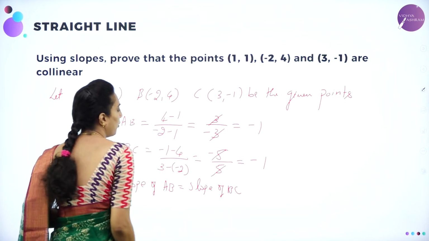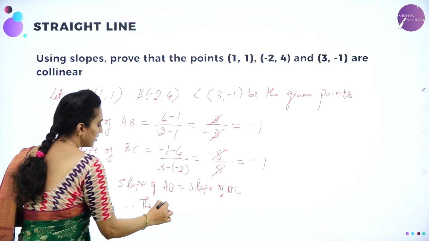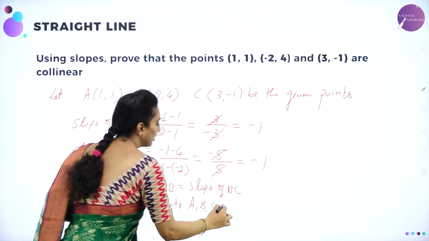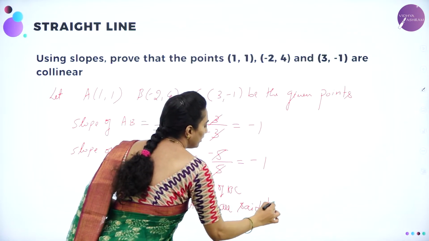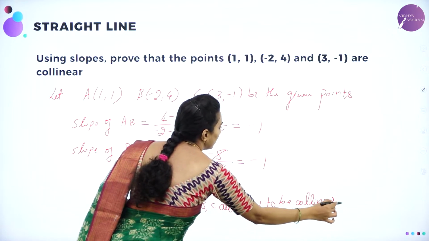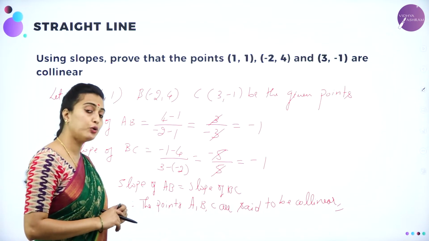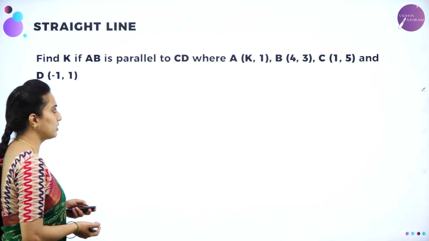Therefore, the points A, B, C are said to be collinear. Understood? This type of problem will be asked for a 2 marker. I hope you got how to solve this. We'll move on to the next question, dears.